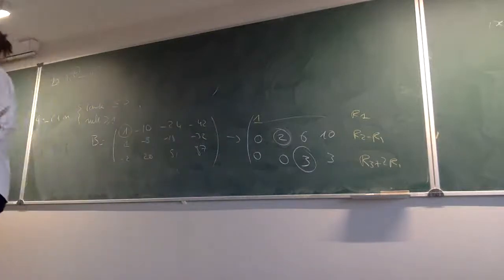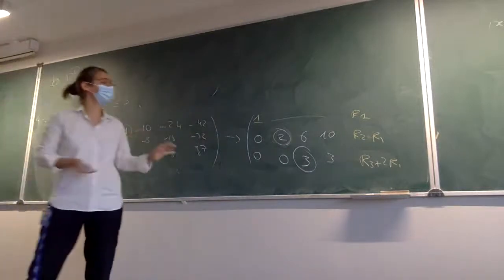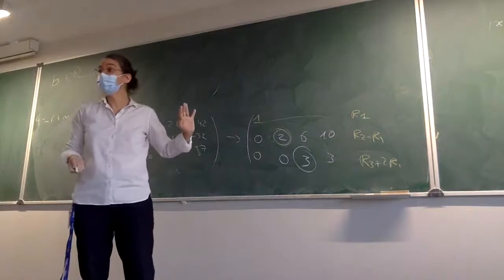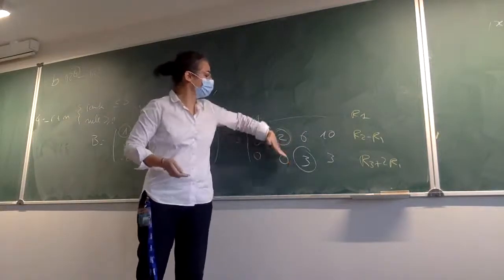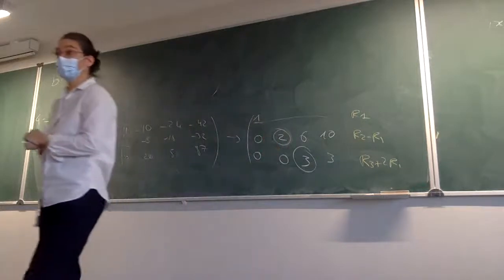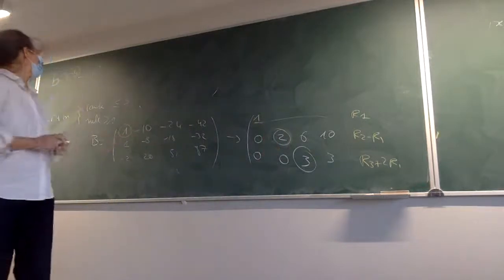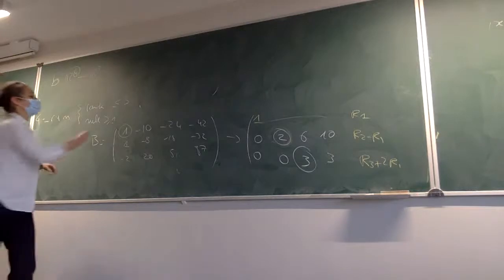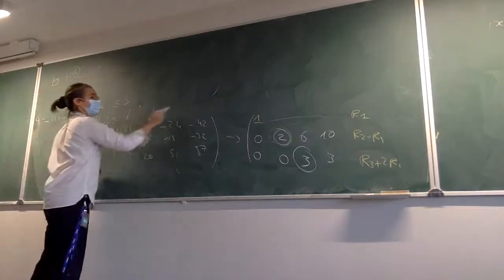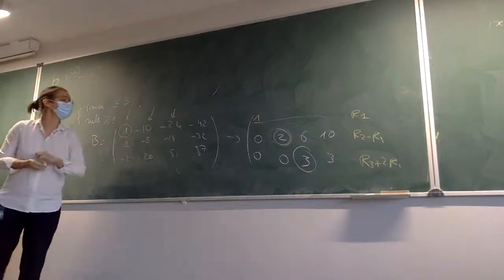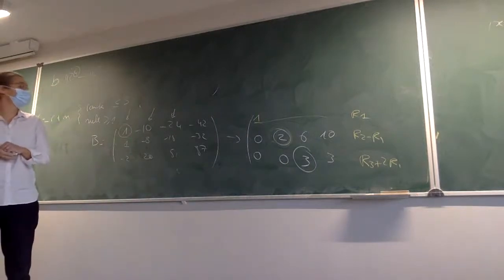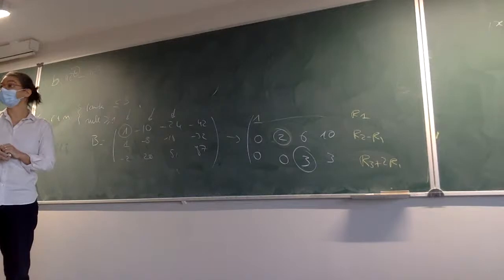My echelon form, it's not a reduced echelon form, but it's an echelon form. I wouldn't have a next step if I wanted to put it in echelon form. So I've got 3 pivots. It means that these are my 3 columns, and they correspond to those 3 columns that can span my image, my column space.